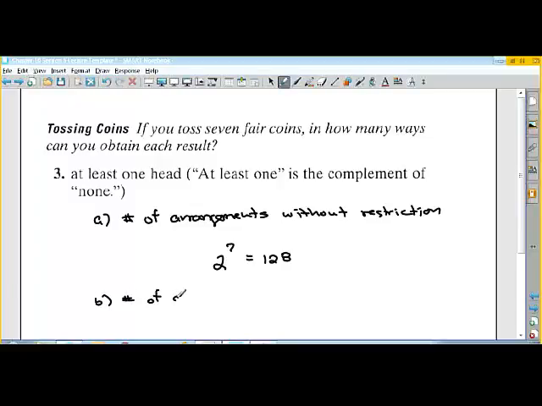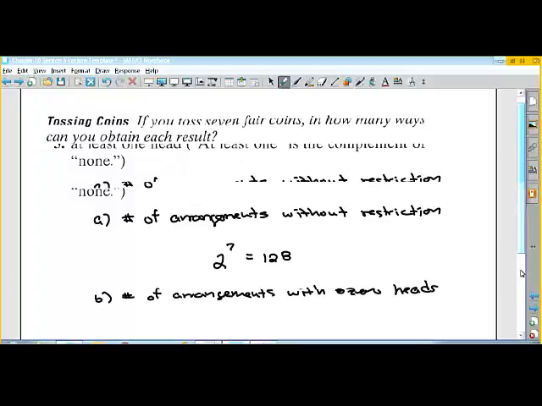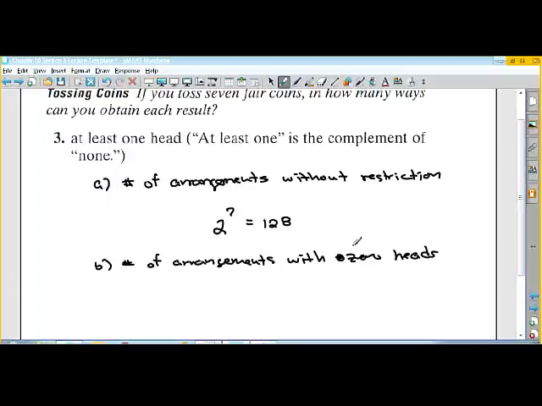The second question we will ask is number of arrangements out of this 128 with 0 heads, which is the complement of at least 1 head. So how many arrangements can we have where we have 0 heads? What is another way of saying 0 heads? 7 tails.